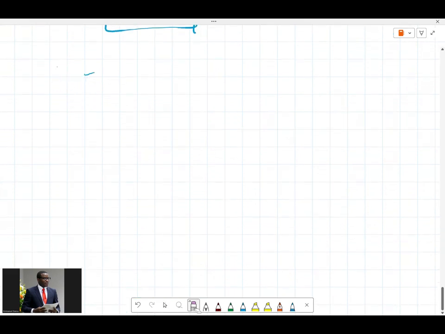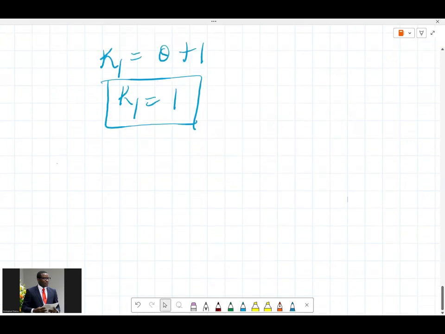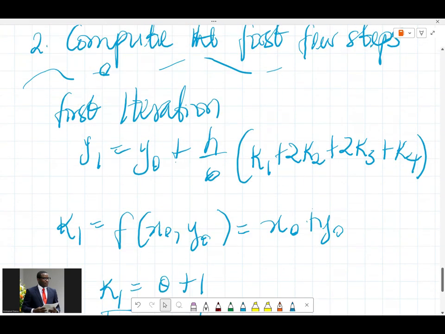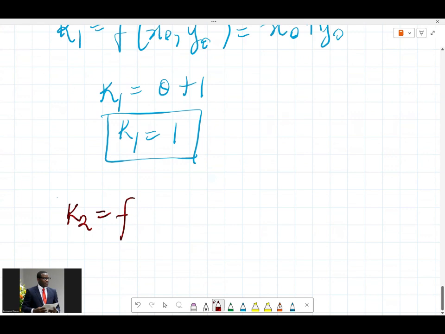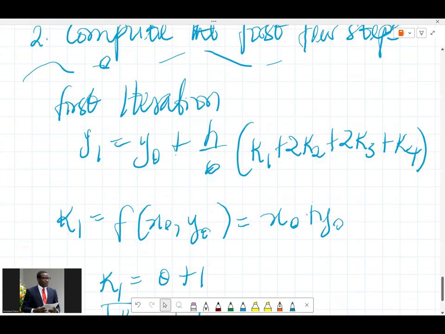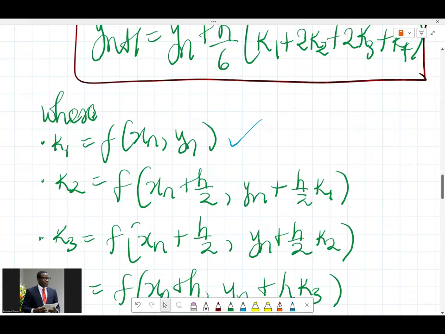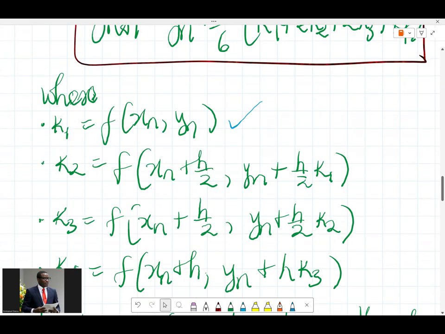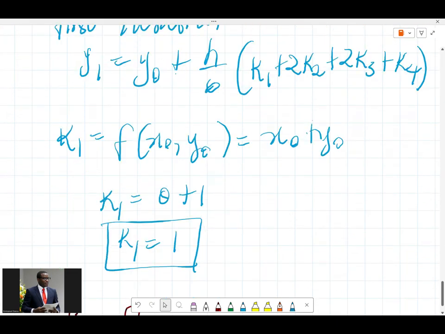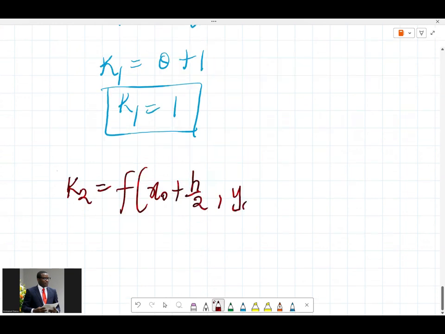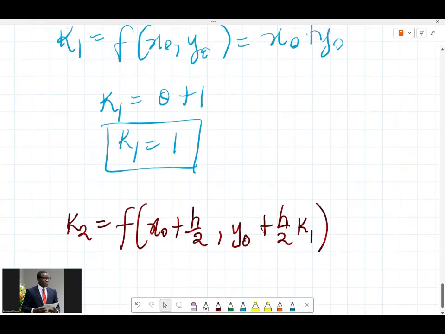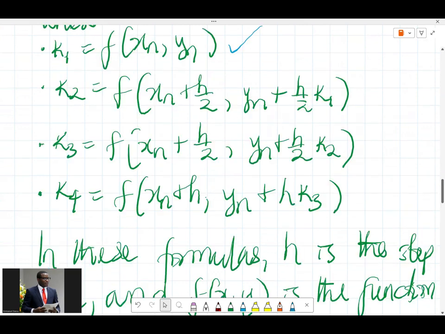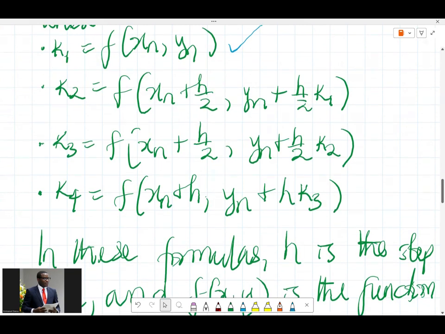Generally, k2 is f of x naught plus h over 2, comma, y naught plus h over 2 multiplied by the k1 up there. Yes, x naught plus h over 2, y naught plus h over 2 k1.